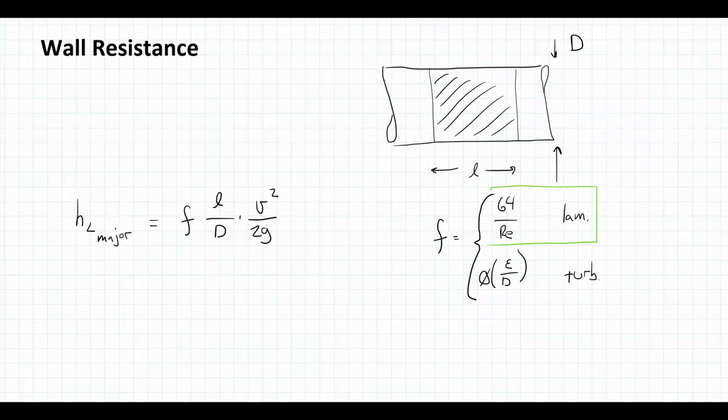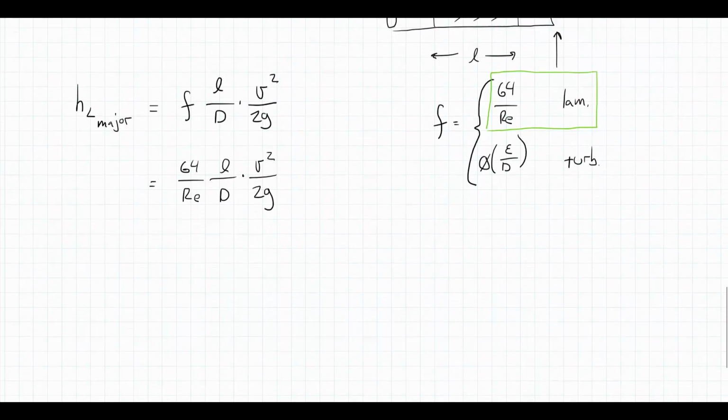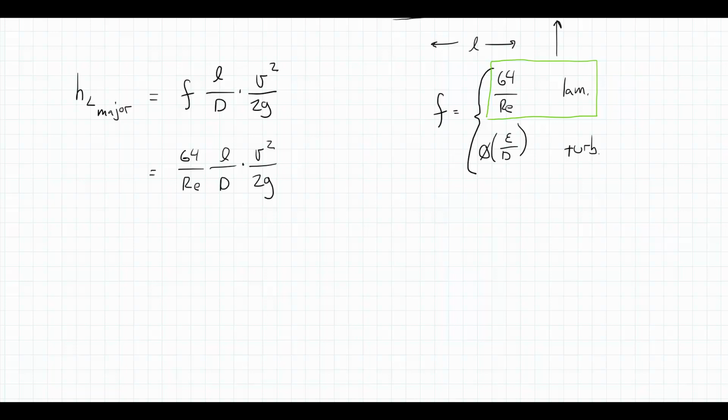It's going to be more complicated if the flow were to be turbulent. So the value that we can put in for f is 64 over Reynolds number. So I'll rewrite this over 2g.